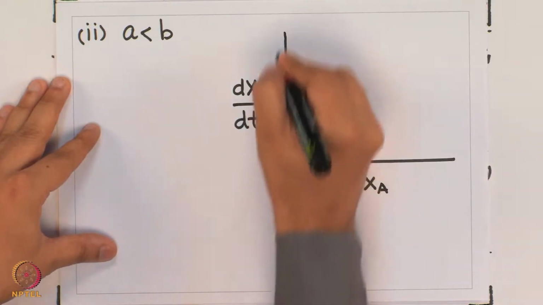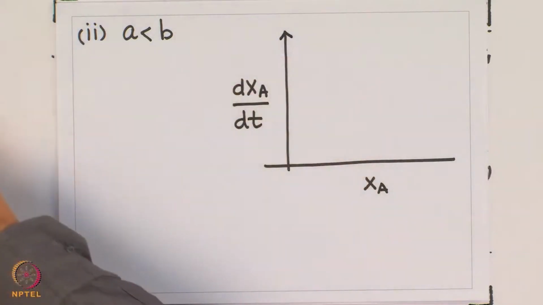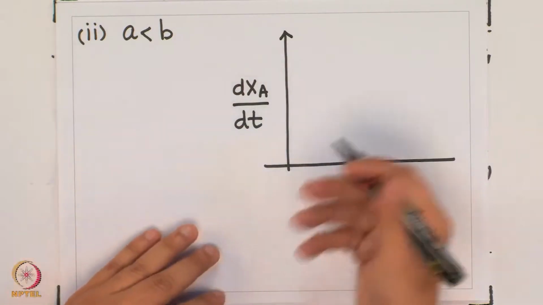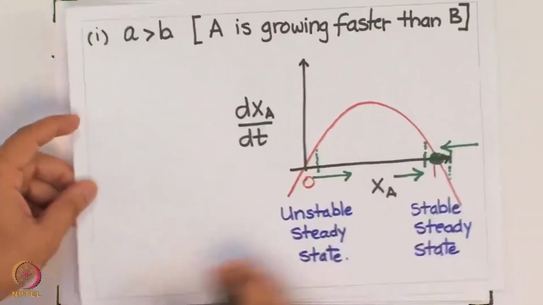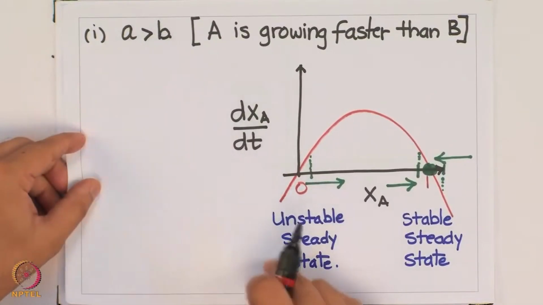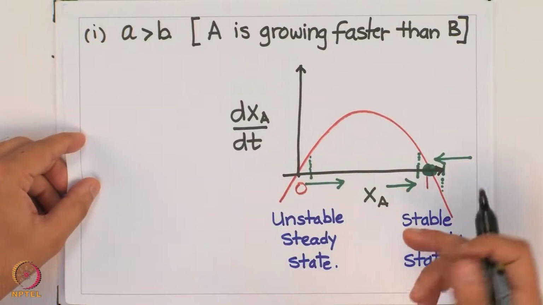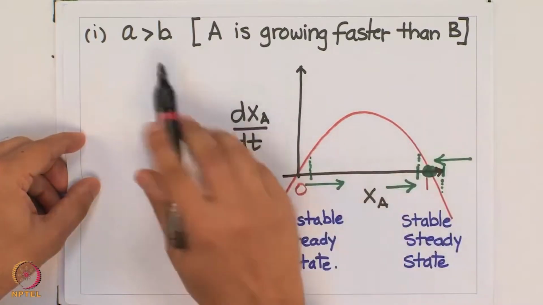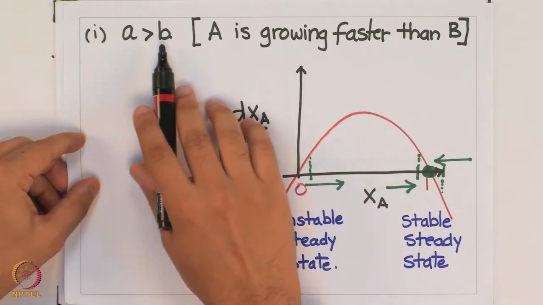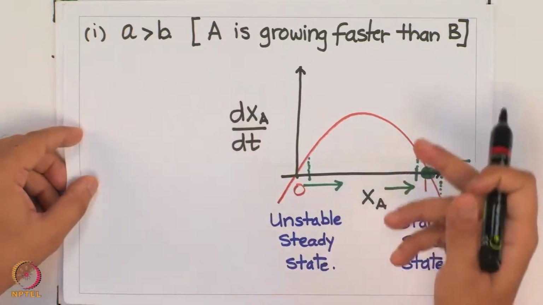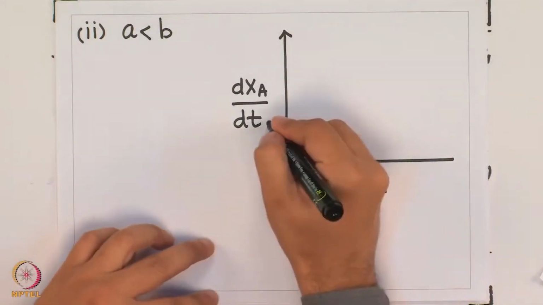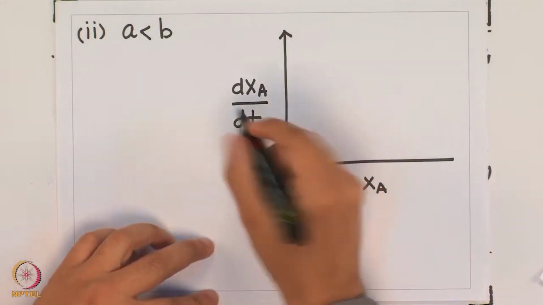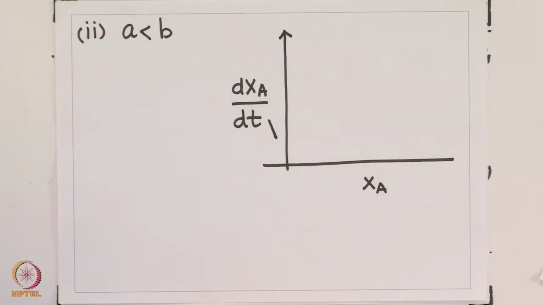But now I leave it to you to convince yourself that whenever small a is less than small b, the shape of the curve is just going to get inverted from what we saw last time. In the previous case, when small a is bigger than b, we have an inverted parabola, and when small b is greater than small a, the parabola inverts itself. So, the shape of the curve at this point is going to look, okay, I want to use a different color.